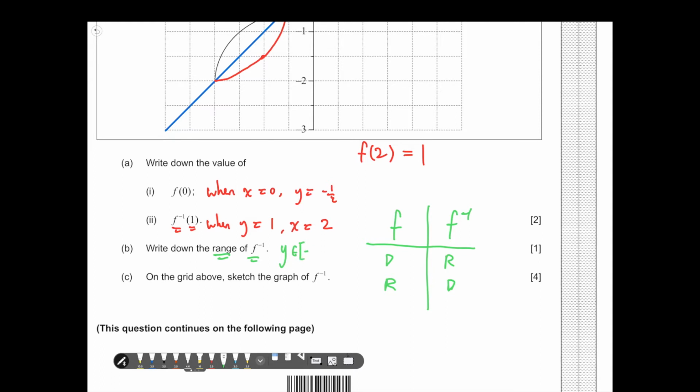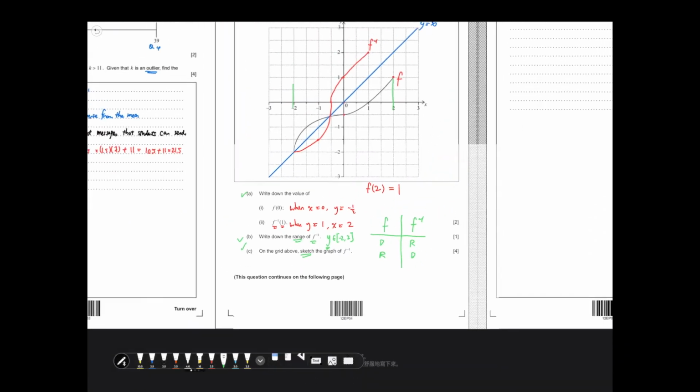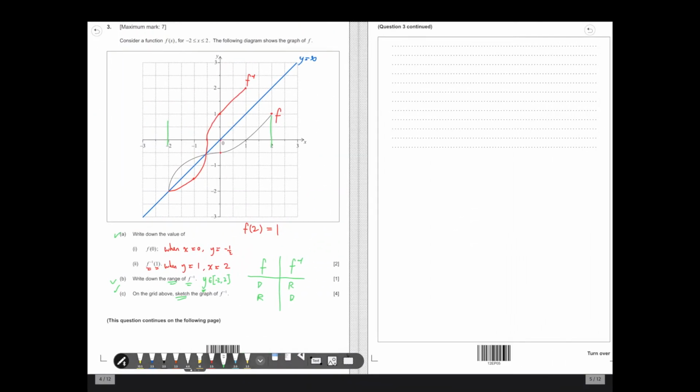So the range of the inverse of the function would be -2 to +2. We used y to represent it, and we have sketched the graph. So that's it for question 3.